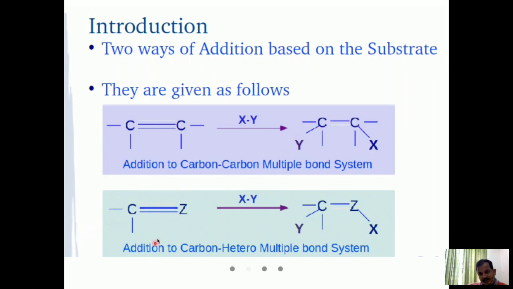The other is that both are not the same. Here one is carbon, one is another atom. So in this case, a carbon-hetero multiple bond is there, so addition takes place in a different way.